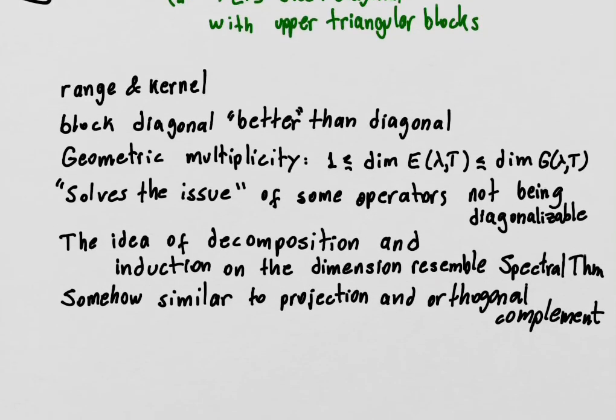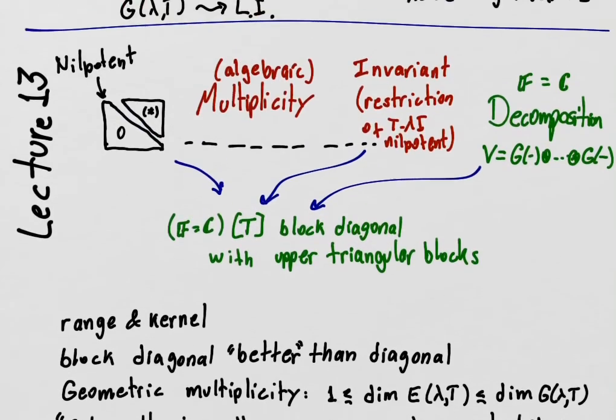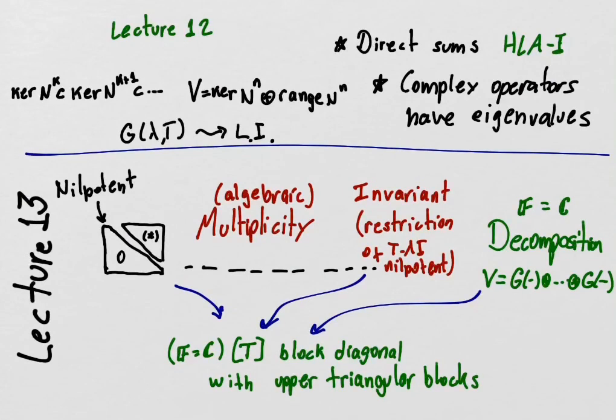And another student pointed out that this decomposition also feels similar to the notion of projection and orthogonal complement. They feel like similar objects or objects that try to accomplish similar tasks. And that's all for now. I think this gives us a very good closure for our lecture 13.